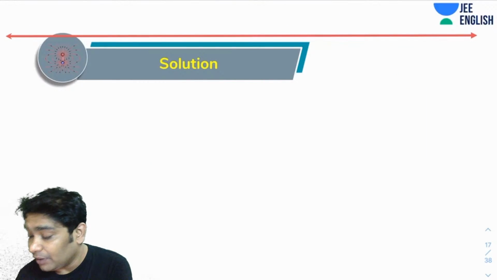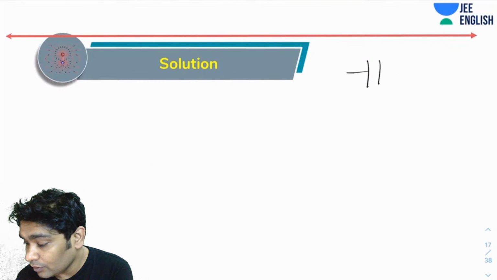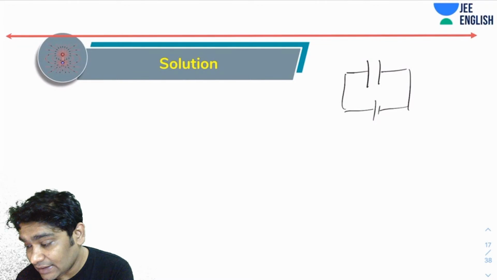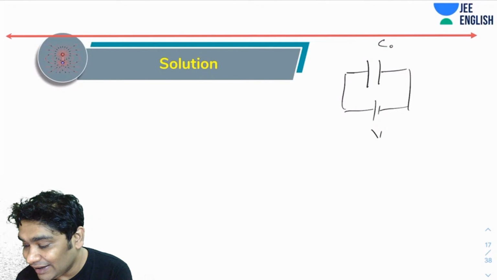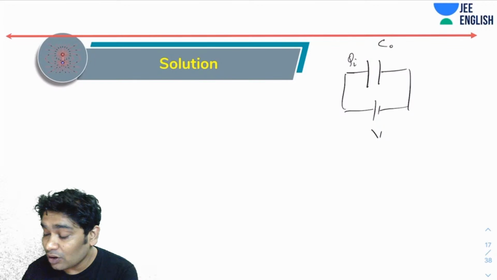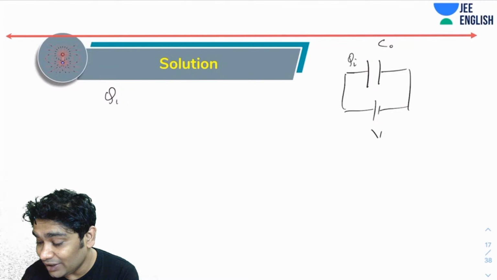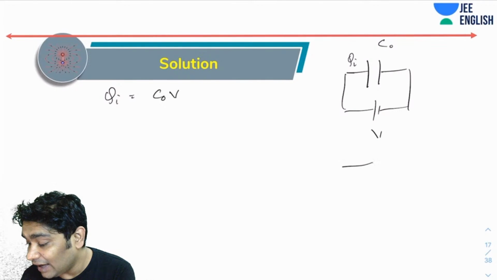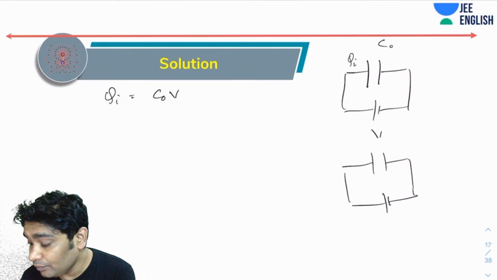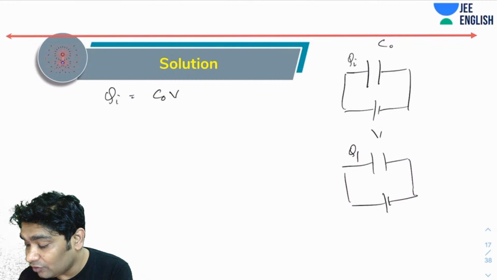So what does that mean? Let's say its initial capacitance was C0 and you connect it to a battery and it gets some Q initial. I know that Q initial would be C0 times V. Finally, when you fill the gap with a dielectric of dielectric constant K, you will get a Q final.